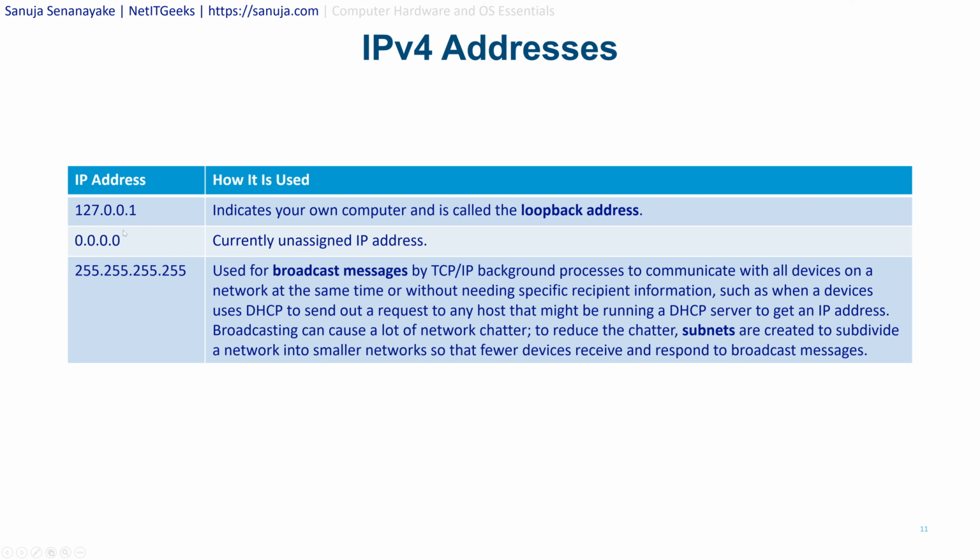So why do we have this? Because this is a good way to check the TCP/IP stack on your own computer. If you have network connection issues, you can ping the loopback address in order to test the connectivity. Here's a good troubleshooting method if you are experiencing connectivity issues.